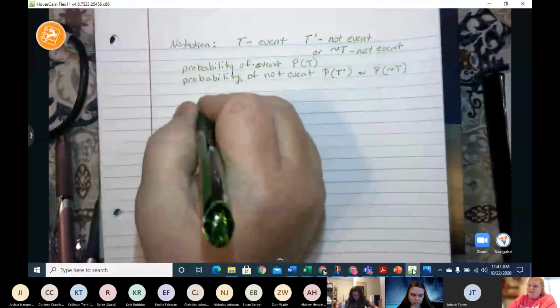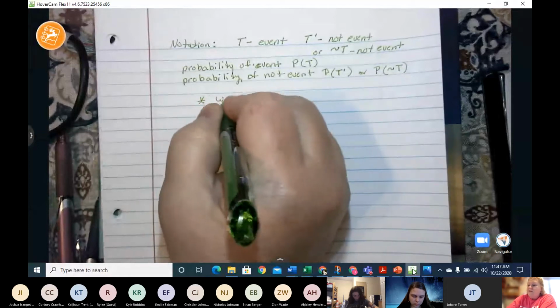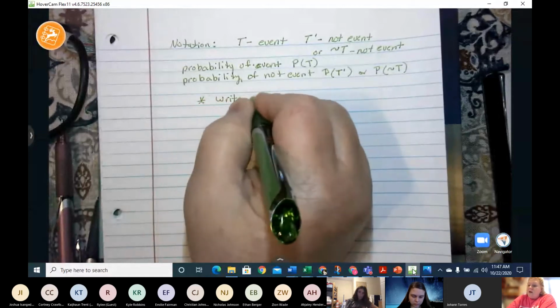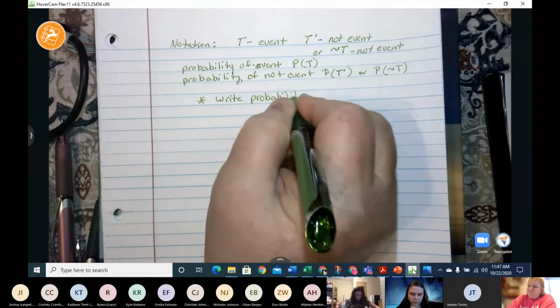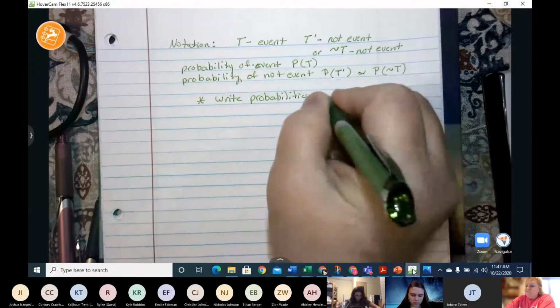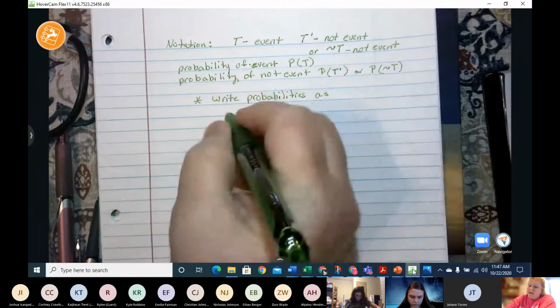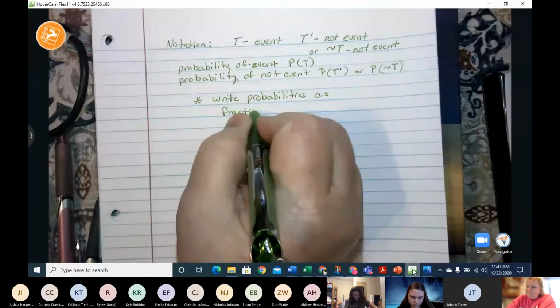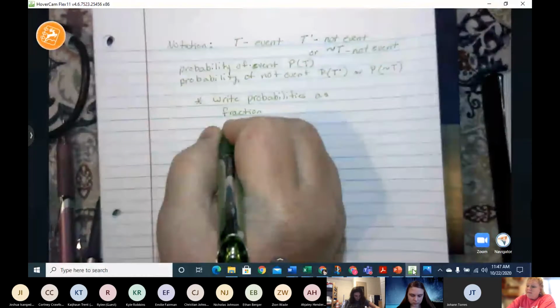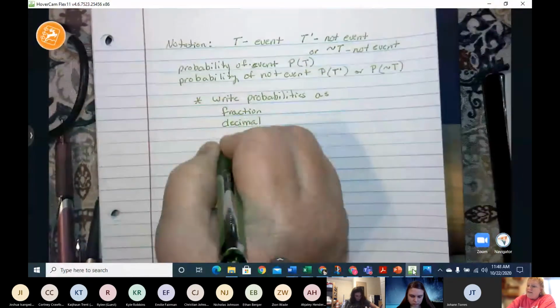And again, just to summarize, we can write probabilities as a fraction, as a decimal, or as a percent.